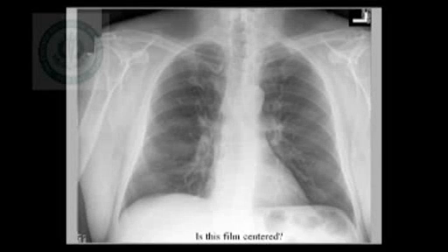Now, how will you see whether the X-ray has been centered well or not? You look at this particular X-ray, wherein you find that the trachea is shifted to the right side. Now, is this because of any problem in the patient, or is it because of the radiographic positioning? Let's go to the next one and see.